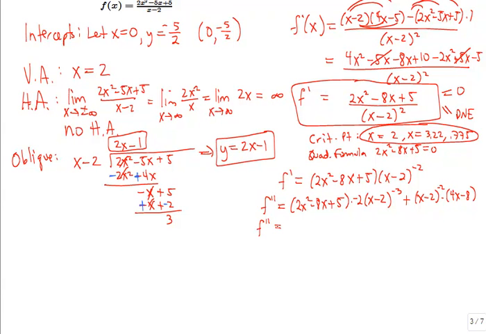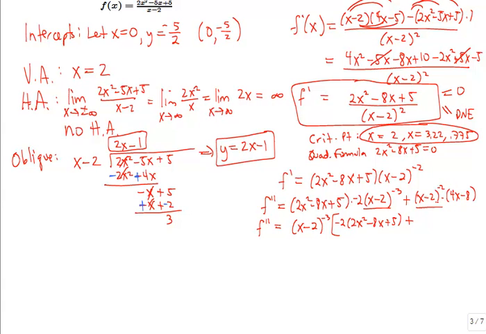So what we get now is this, and I'm just going to go ahead and factor right away. I have an (x minus 2) to the negative 3 and an (x minus 2) to the negative 2, so they both have that in common. Remember, you want to pull out the smaller of the two powers. So I'm going to pull out (x minus 2) to the negative 3, and in parentheses I'm going to have left this negative 2 times 2x squared minus 8x plus 5.